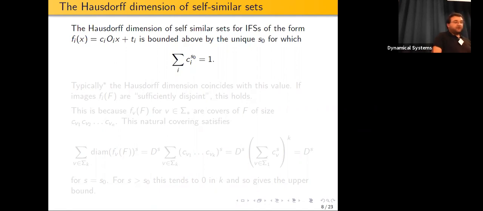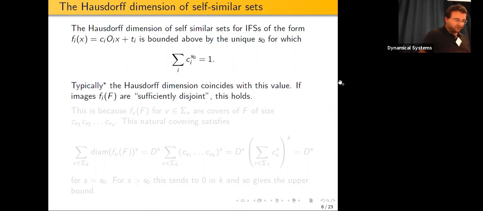The Hausdorff dimension and box counting dimension, all these other nicely behaved dimensions, they all coincide with this value here under very mild assumptions. And you can at least see why this is an upper bound. I say here it's typically that way. Well, typically in many settings, actually, a big open problem is to see when it's not this value.